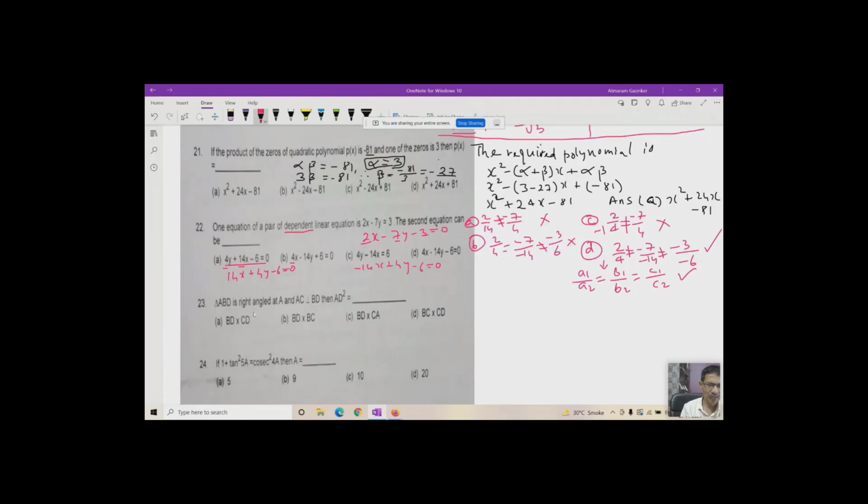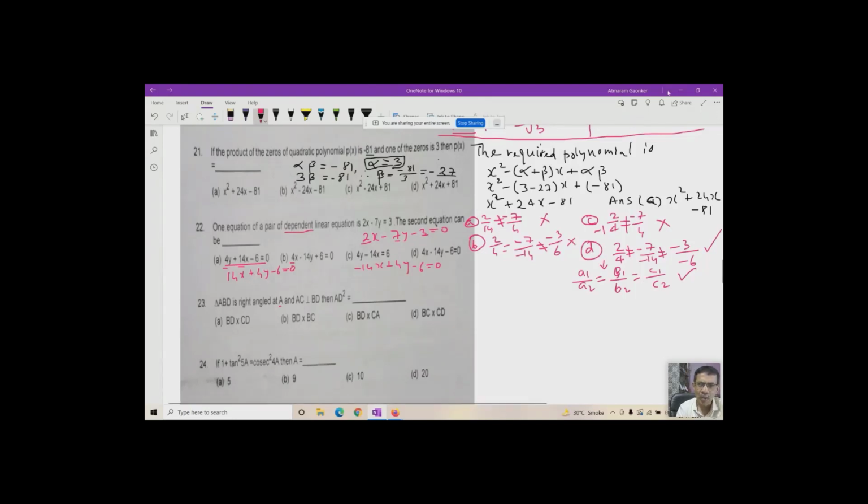Now here, triangle ABD is right angled at A and AC is perpendicular to BD, then AD square is how much? And those who attended my classes, this is the sixth point in similarity of triangles, and let us discuss what the sixth point is.